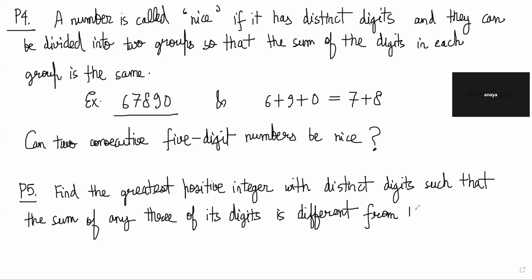So slightly strange way of saying the problem. Any three of its digits should sum to something different from 19, and you have to find the greatest such number. Have you written this down?